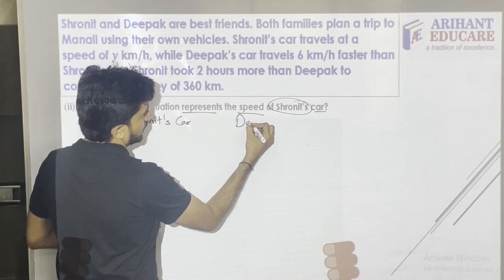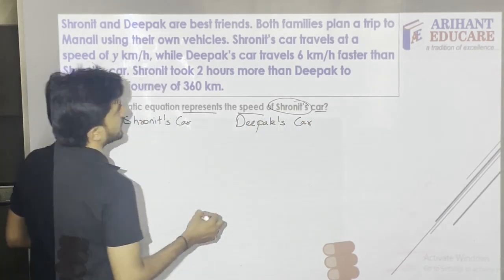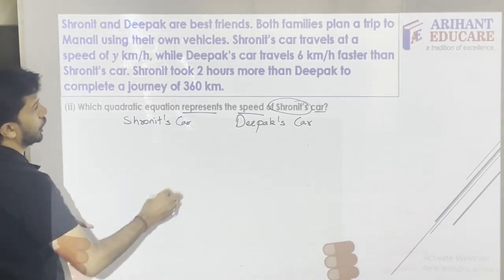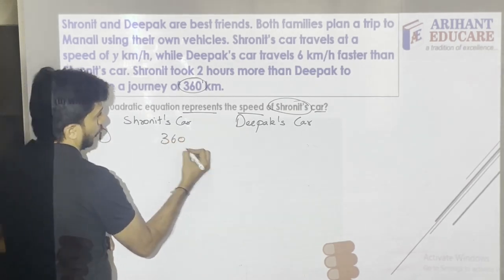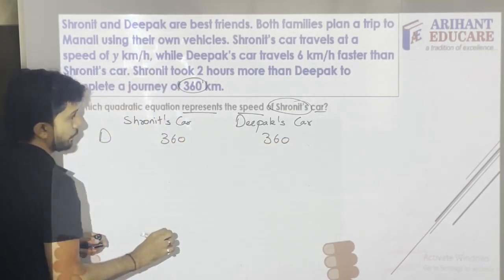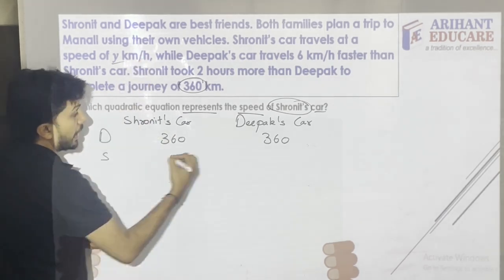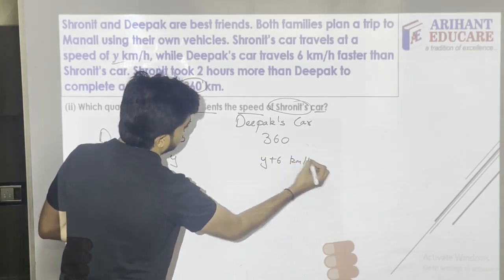One is Deepak sir's car. Let's see. We both are traveling the same journey of 360 km. So the distance is 360 for me, 360 for him. My speed has been given as y km per hour. His speed has been given as y plus 6 km per hour.